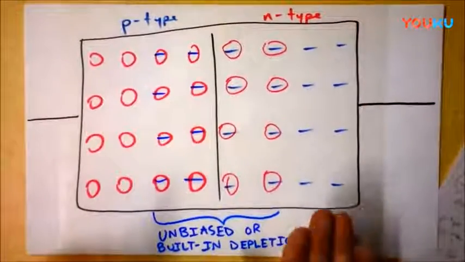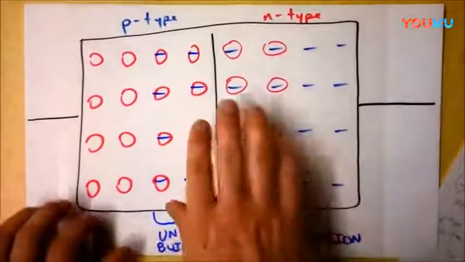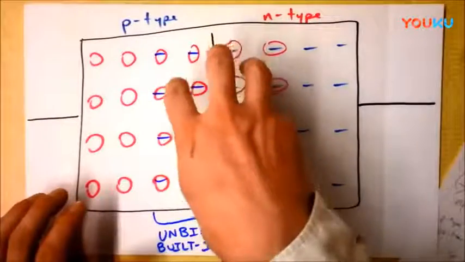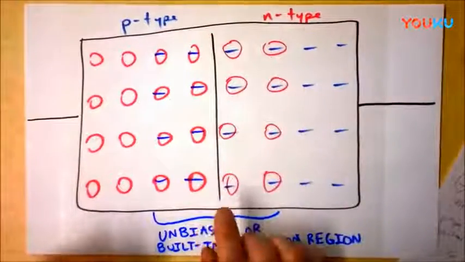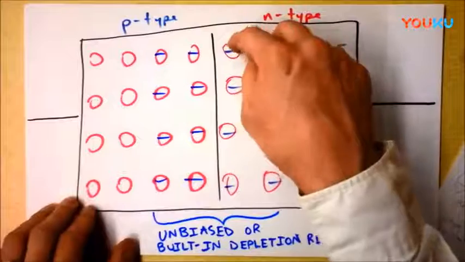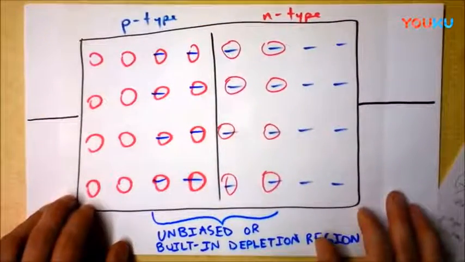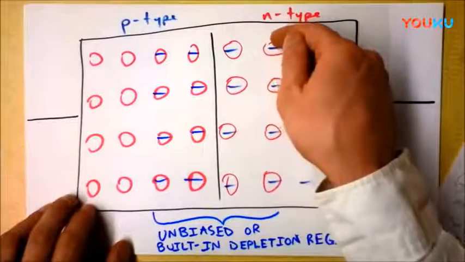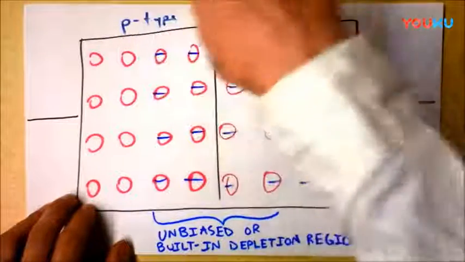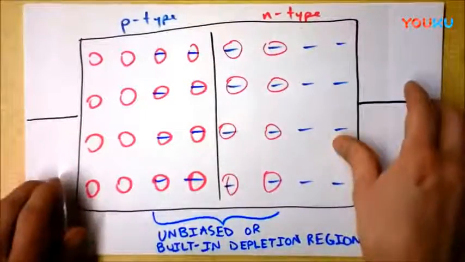Now, what that's going to mean is we've actually got, again, a no free carrier zone right there, because the electrons have gone over and met these holes, and we could say that they've recombined, and some of these holes have gone over to some of those electrons. Back up.